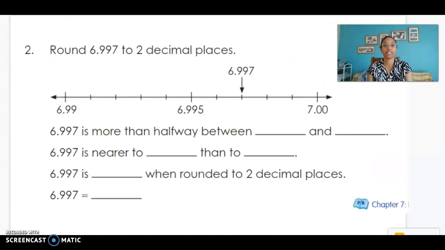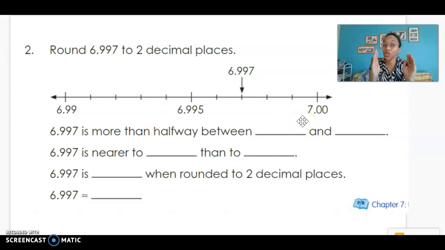Now let's round 6.997 to 2 decimal points. Okay, we're going to fill in the blanks here to fill in your thinking. We already have the number placed on a number line. We see our outer bounds, 6.99 and 7.